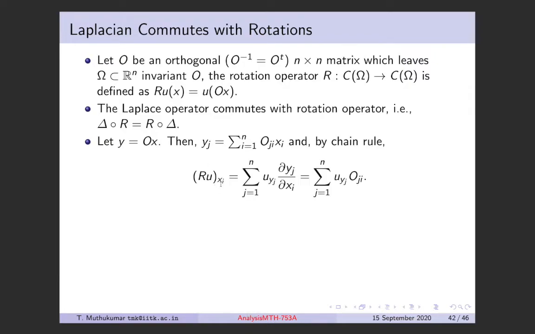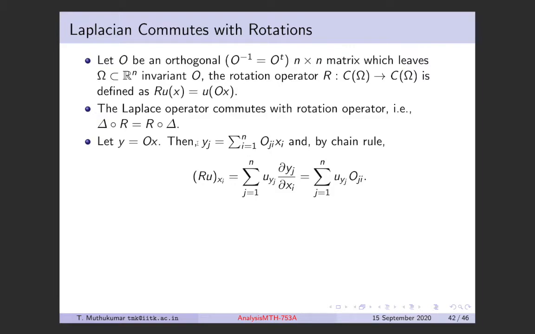Now let's compute the partial derivative of Ru. After you apply R to u, what is the partial derivative? Ru is precisely u of Ox, which is u of y. So when you say Ru of x, it basically means u of y. What is the x_i derivative of u of y? By the chain rule, it is the sum over all j of the y_j derivative of u times the x_i derivative of y_j.